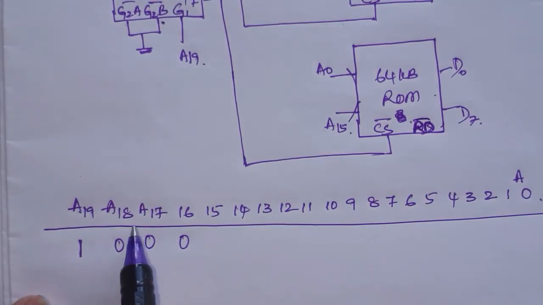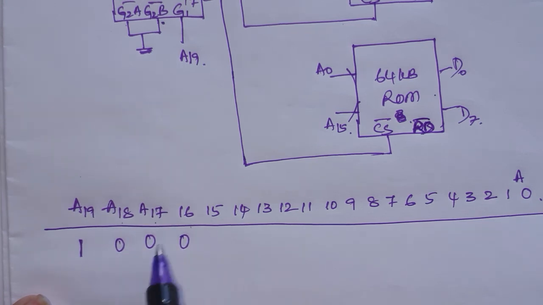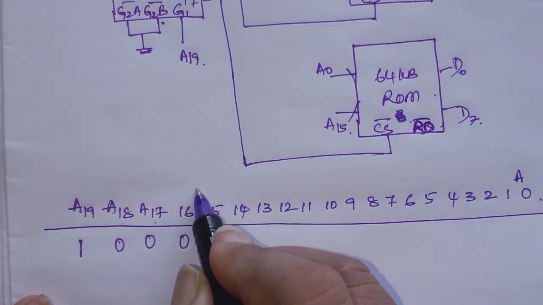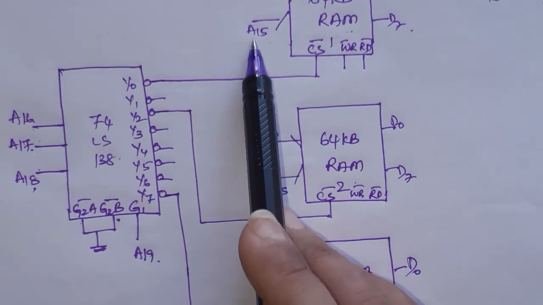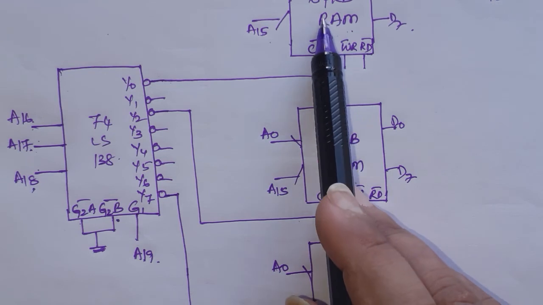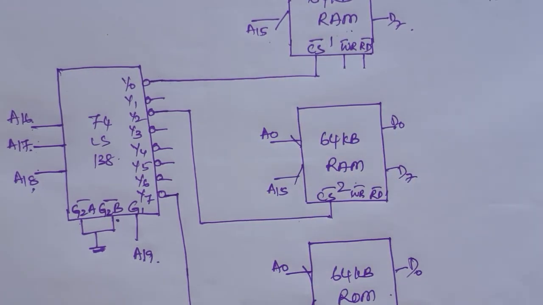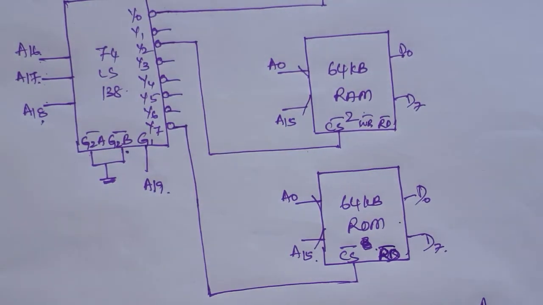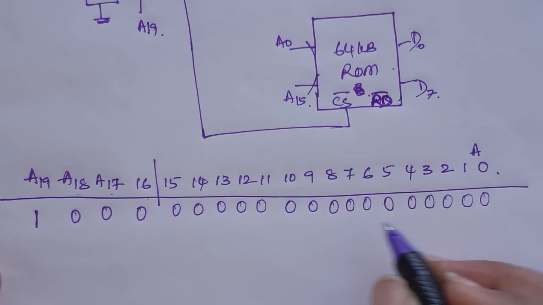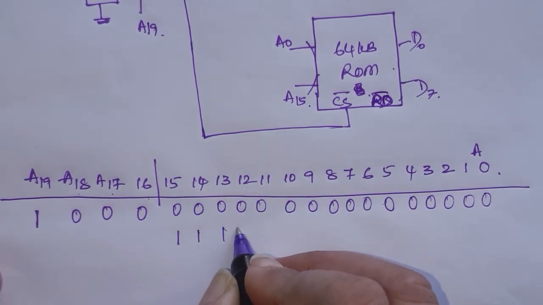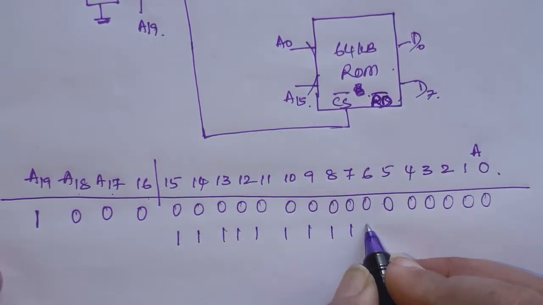And A0 to A15 are used to select a particular location in that chip. So what will be the start combination for all these pins? This will be all zeros. And the end combination for these bits will be all ones.